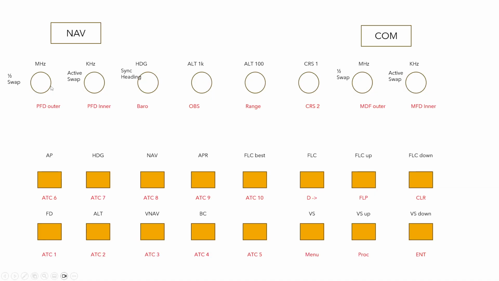So I've used 2 separate rotaries here, and we'll come to that in a bit. But these are the parts here that are already available to me on the Honeycomb throttle quadrant.